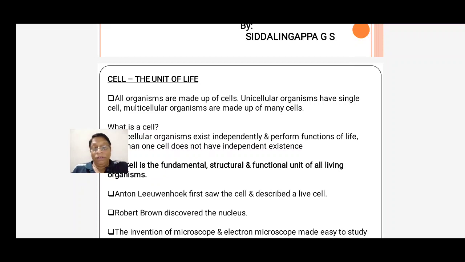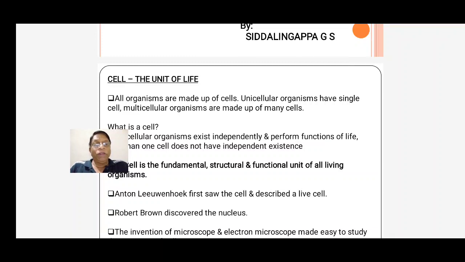Independent existence is very important. Cellular organisms exist independently and perform functions of life.